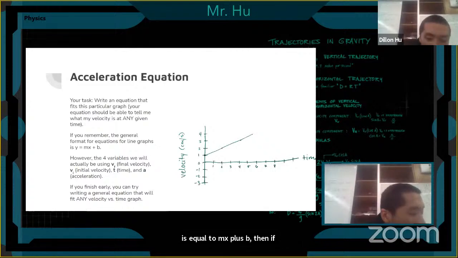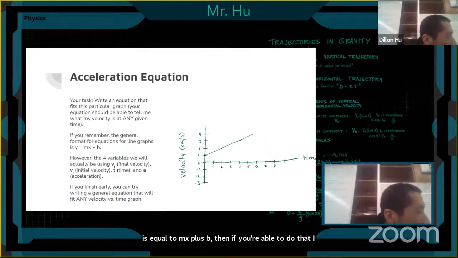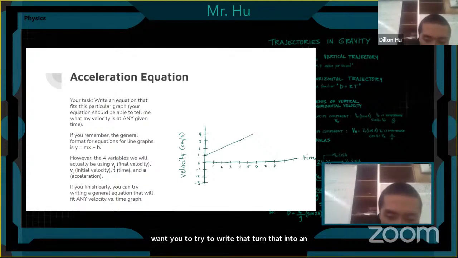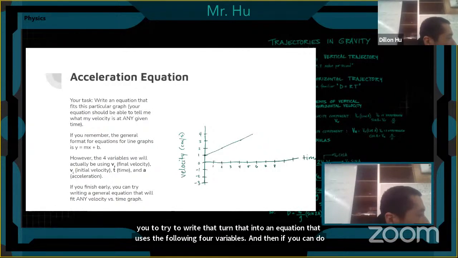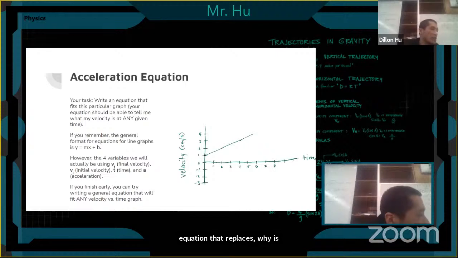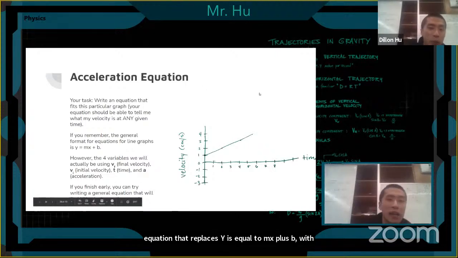Then, if you're able to do that, try to turn that into an equation that uses these four variables. And as an even bigger bonus, try to write a general equation that replaces y is equal to mx plus b with these four variables.